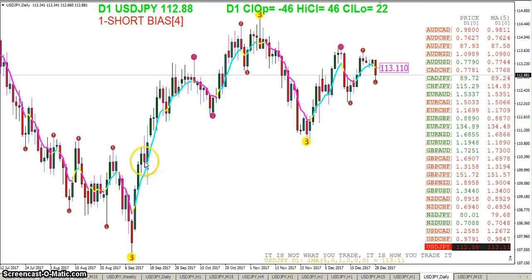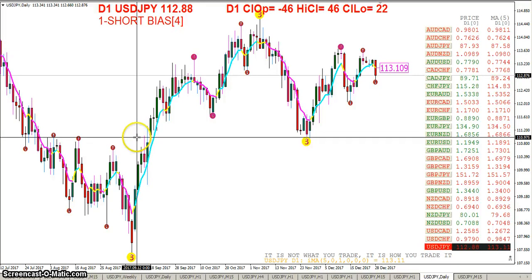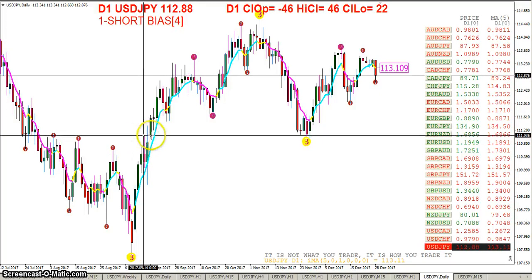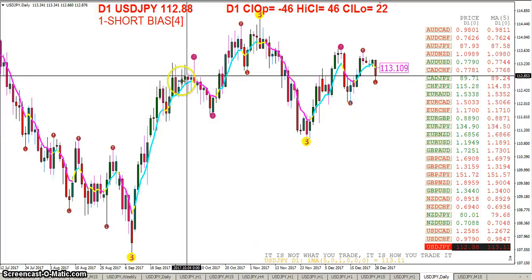So maybe right here, there was a chance where you might want to take that exit because it closed. See, it crossed below, so you're out, it comes back across. And right here, based on price action, that's probably where you wanted to get long when it broke that high, if you wanted to continue trading this.